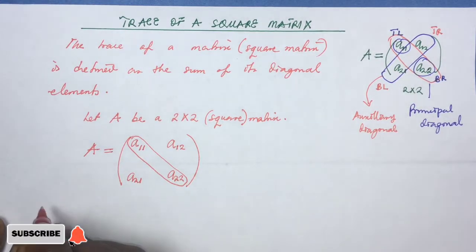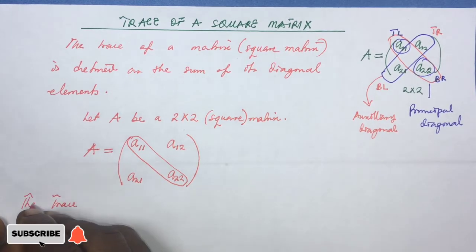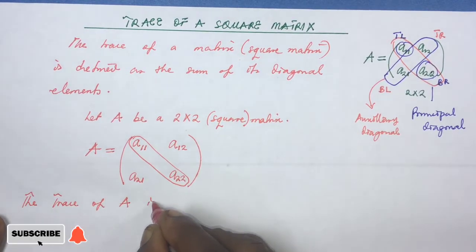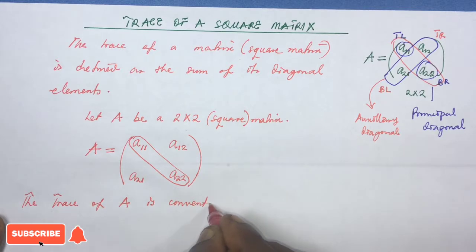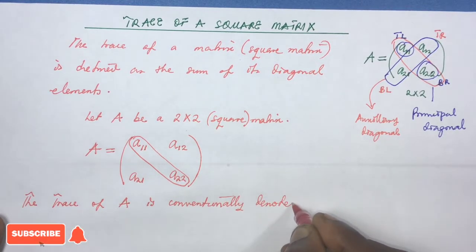Now, we denote the trace of the matrix. The trace of A is conventionally denoted in either of two ways.